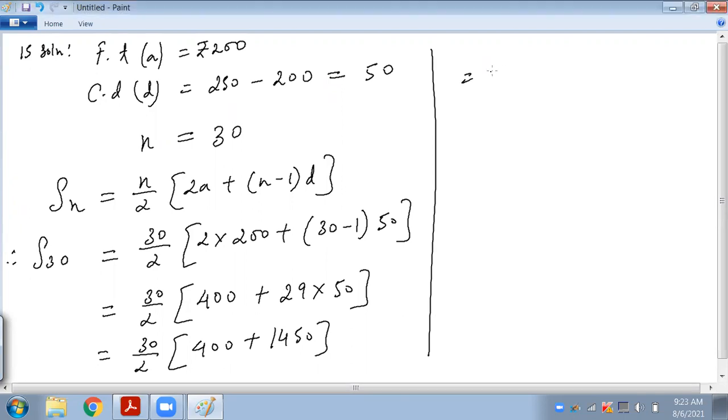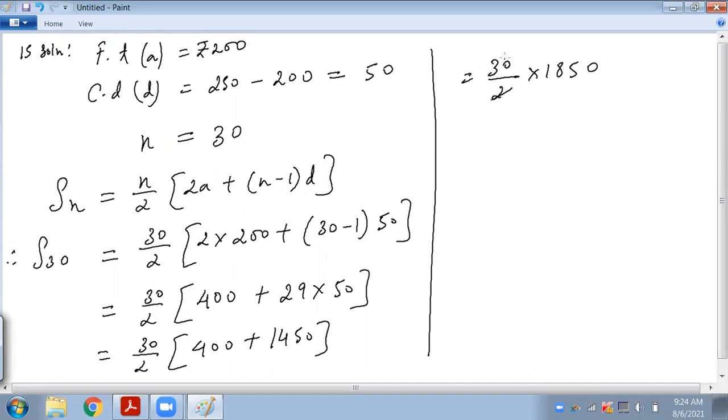So it will become what? 30 by 2 into 1450 plus 400, which will be 1850. 1850.